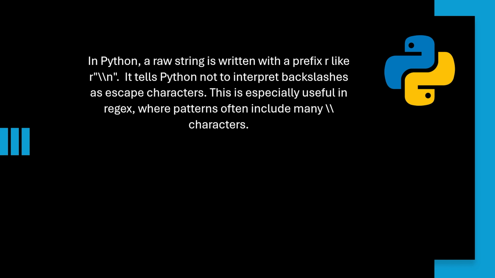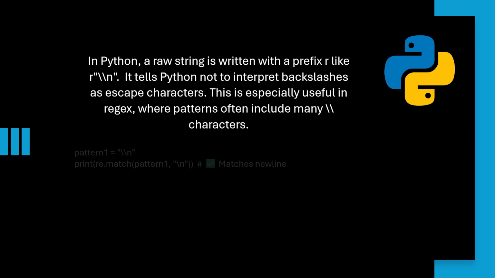In Python, a raw string is written with a prefix r, like r"\n". It tells Python not to interpret backslashes as escape characters. This is especially useful in regex, where patterns often include many backslash characters.